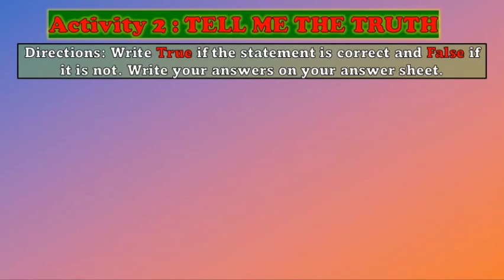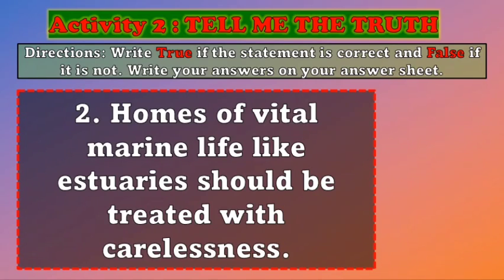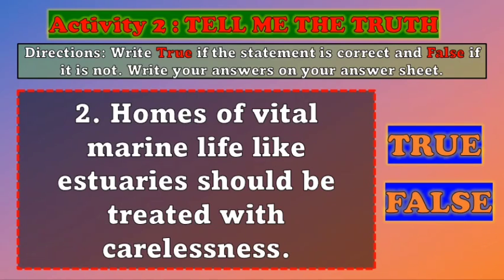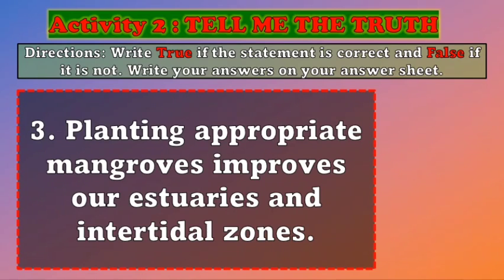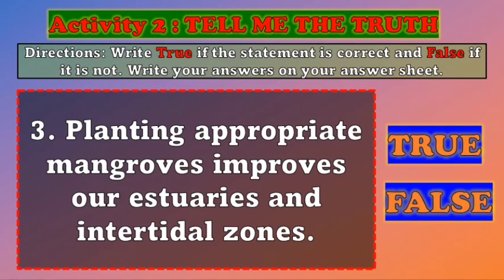Number 2, homes of vital marine life like estuaries should be treated with carelessness. Is that true or false? Next, number 3, planting appropriate mangroves improves our estuaries and intertidal zones. Is that true or false?